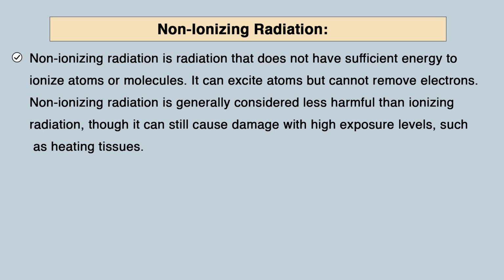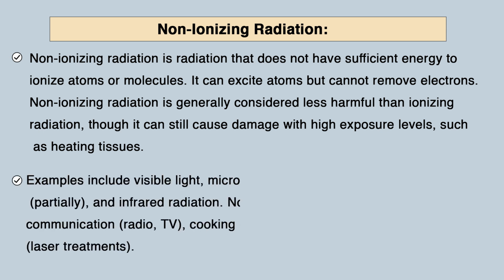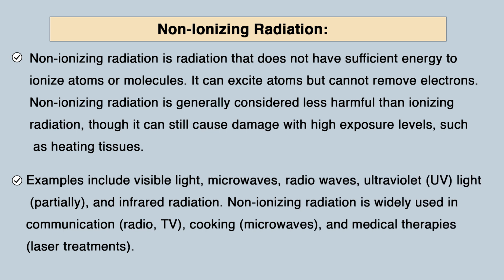Even so, it can still cause damage at high exposure levels, such as heating tissue. Examples include visible light, microwaves, radio waves, ultraviolet light and infrared radiation. Non-ionizing radiation is widely used in communication, in the fields of radio and TV, and cooking also.